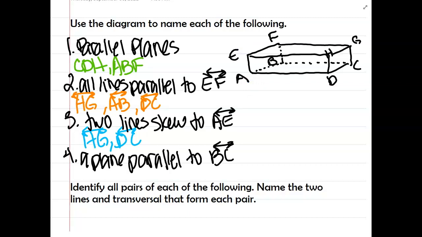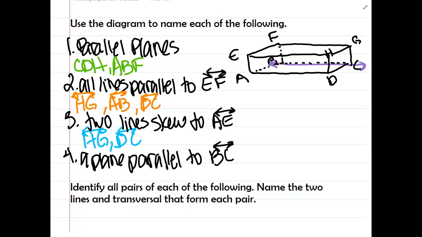They're asking for a plane, like a sheet of paper, right? So you need to give me 3 points, okay? A plane that is parallel to BC, which is that back bottom edge there. A plane parallel to BC. What do you think, Elijah?